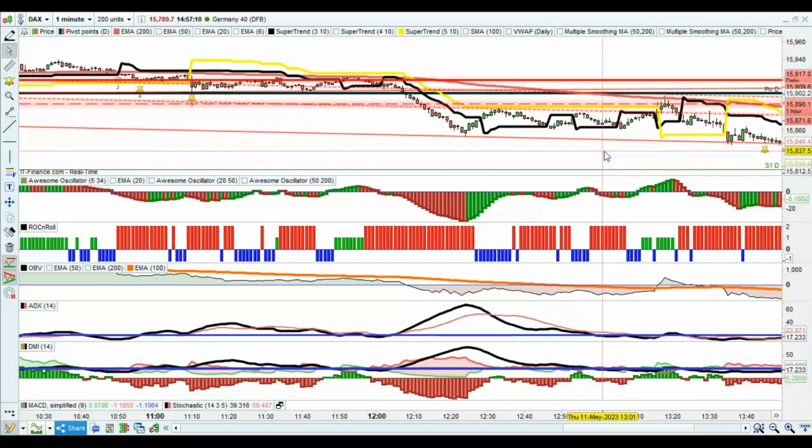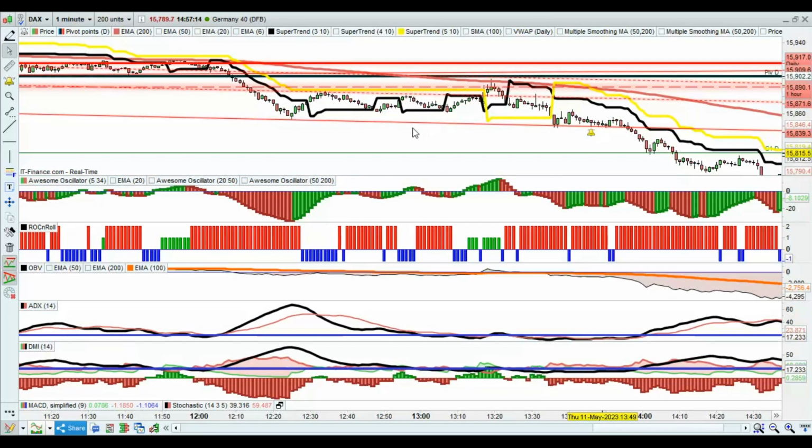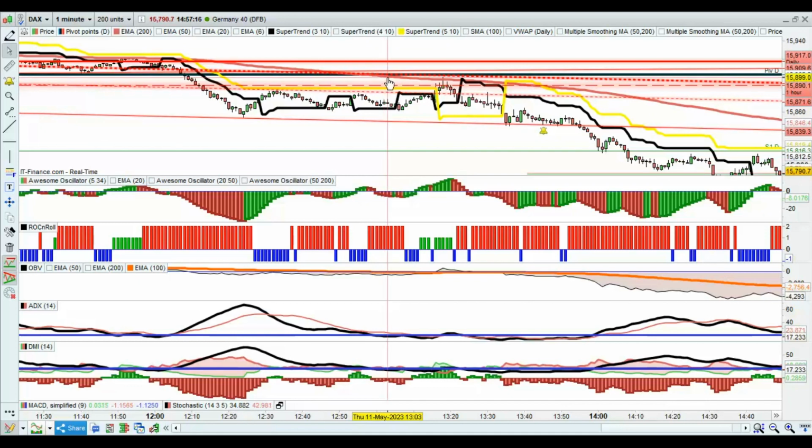So what happens next? The price stays below the 100 EMA, which is important, so that is also shadowing the move down. You see where on this candle here, it just touches the 200 EMA on the 1 minute, and then this is where it starts to cross down again.